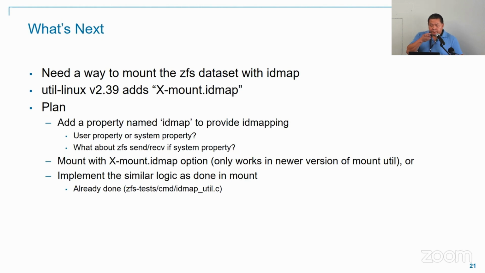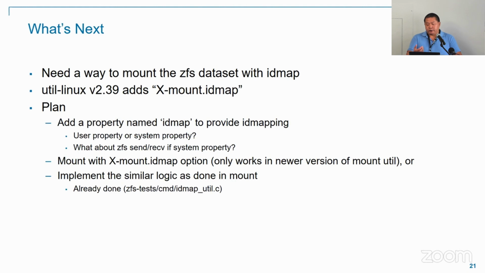In Linux, the mount utility also added a new option called x-mount.idmap. With that option, you can mount the dataset with the provided Idmap information.